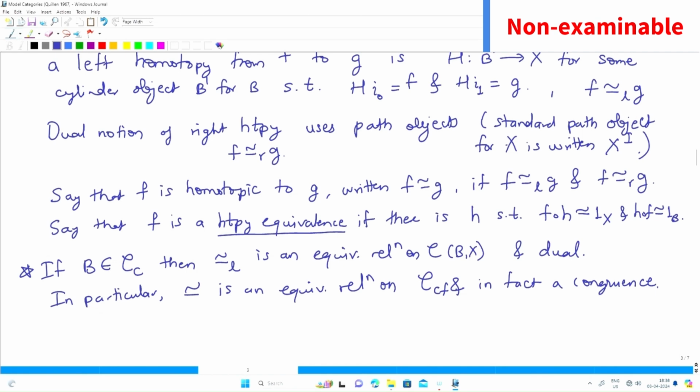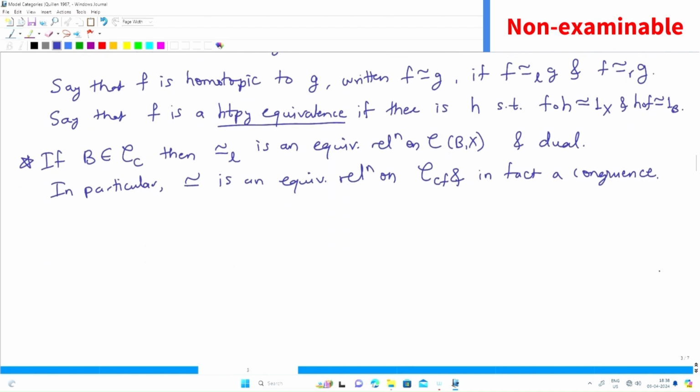So now this is a deep theorem. I am just going to write it as a statement. Yeah, you have to work a lot.